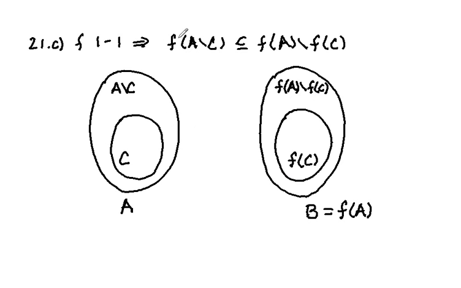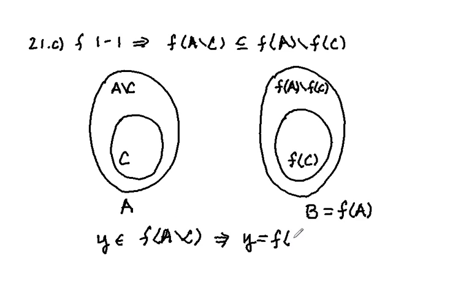So what we want to do is pick a general element here and show it's over here. So let's pick a y that's an element of f of A minus C. Then that means that y is f of something in this set.